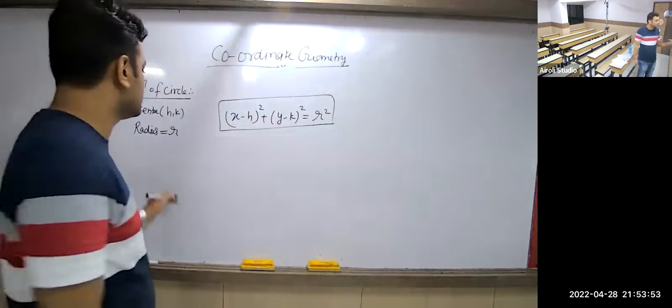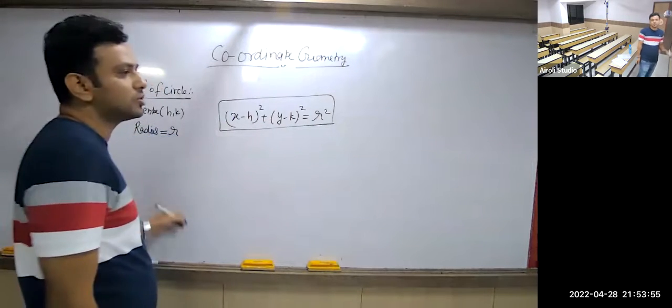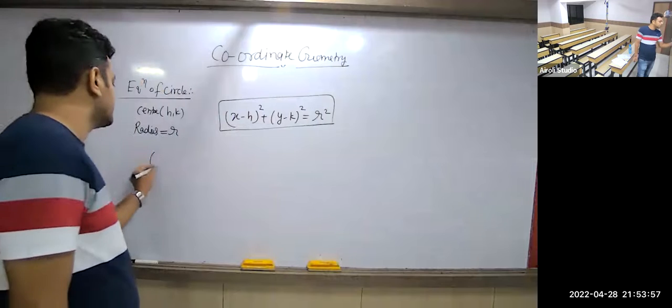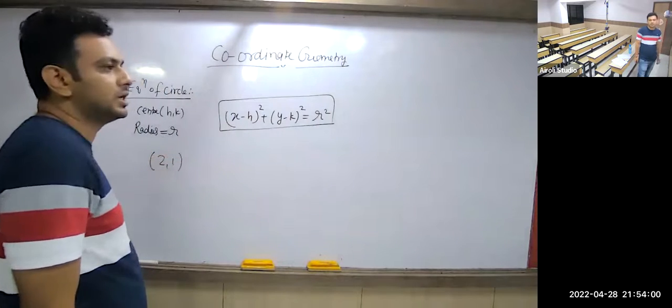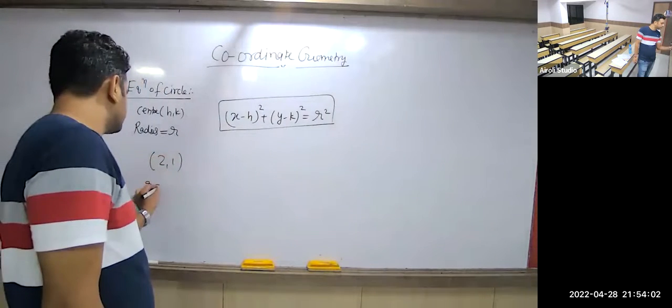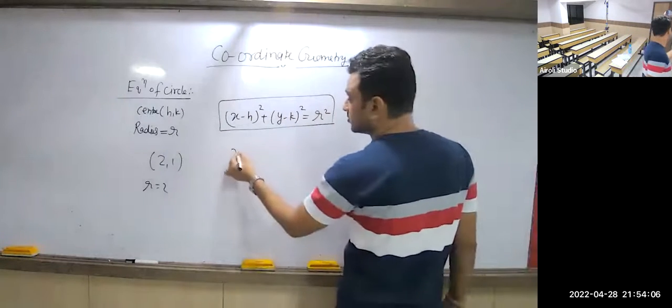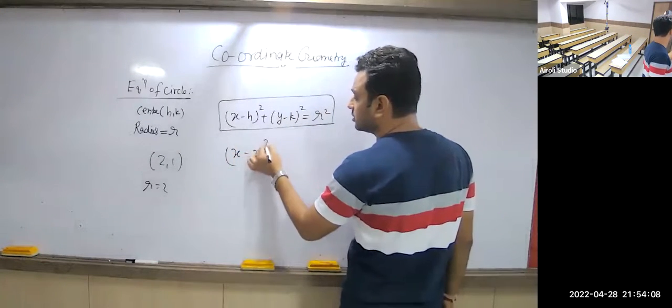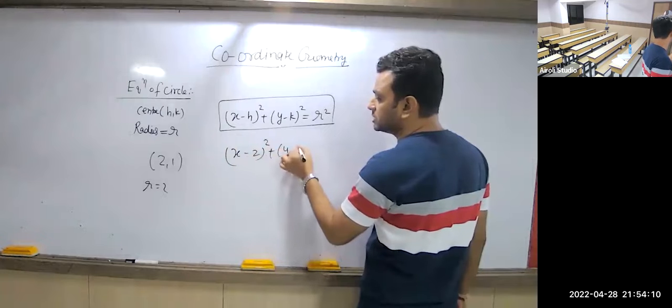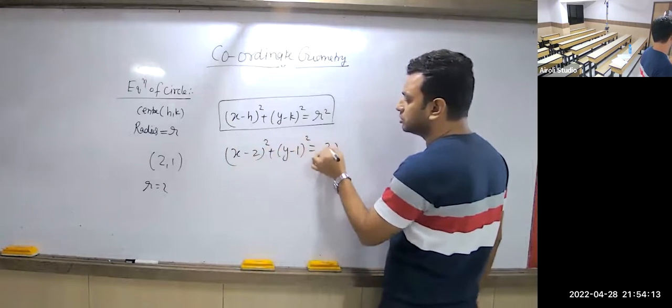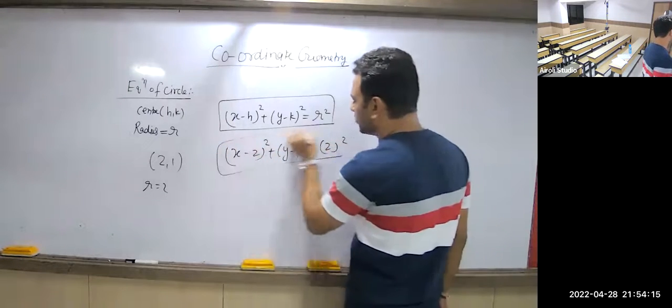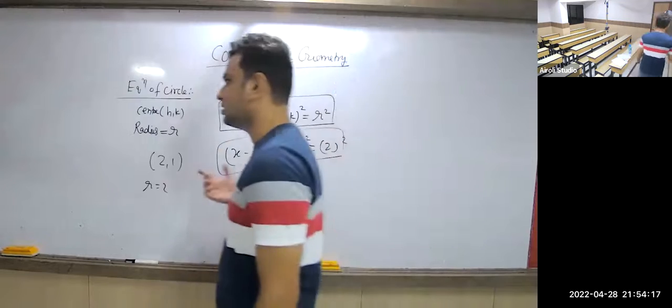So if I'm saying find the equation of the circle whose center is (2, 1) and whose radius is 2, then x minus 2 whole square plus y minus 1 whole square equals to 2 square. You can open the brackets using the identity and solve it.